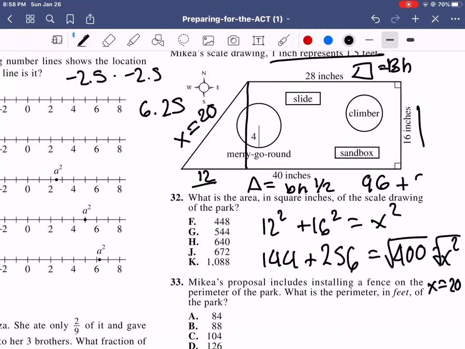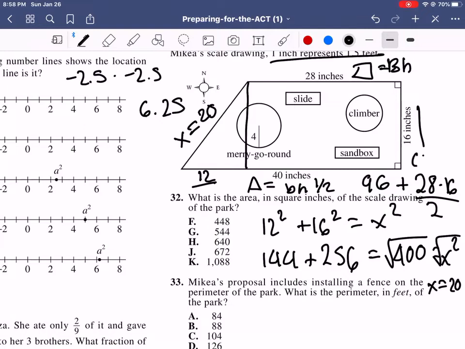You add that to 28 times 16. 28 times 16 is 444, but that's after you divide it by 2, because it's 208, oh my god, 28 times 16 divided by 2 is 448.